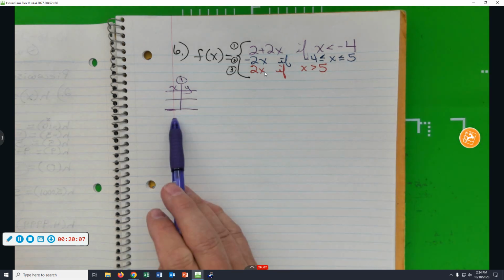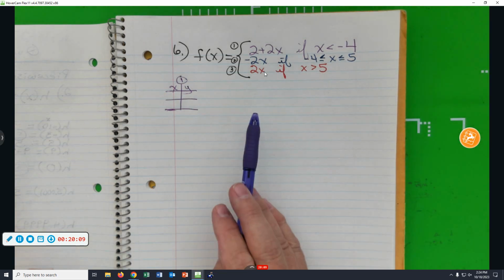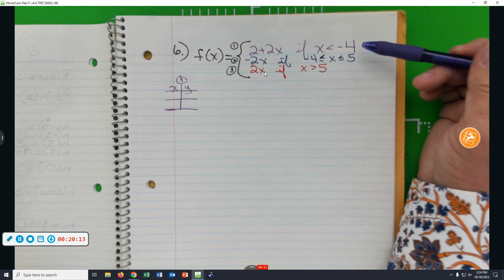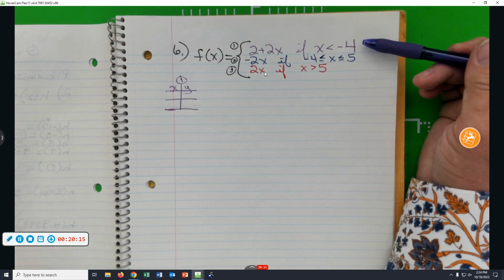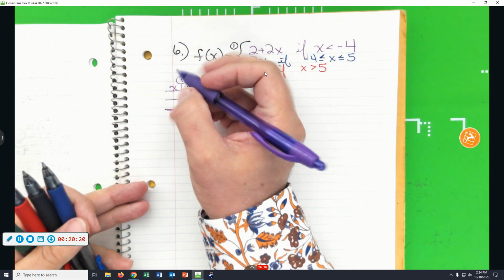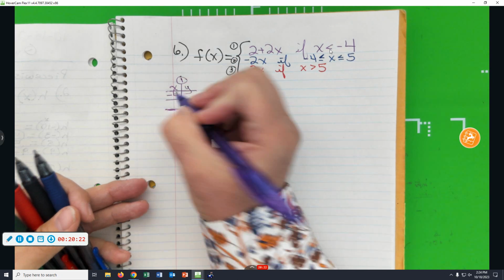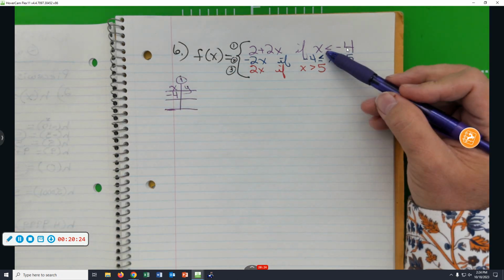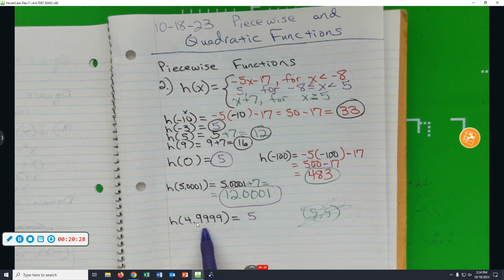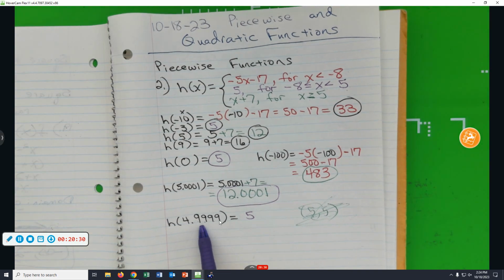When you're making your table of values, the first numbers you must use are the cut points themselves. So you're going to have to plug in this -4 as your starting value. But wait a minute, it doesn't say that you could have x equal -4. It could be something like 4.9999, which looks like 5.